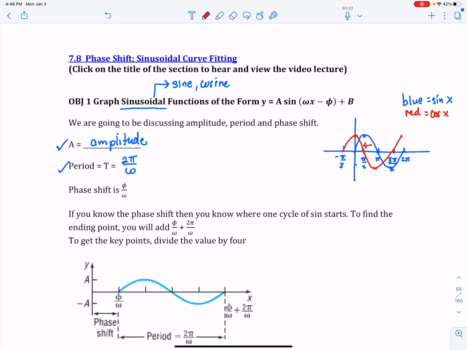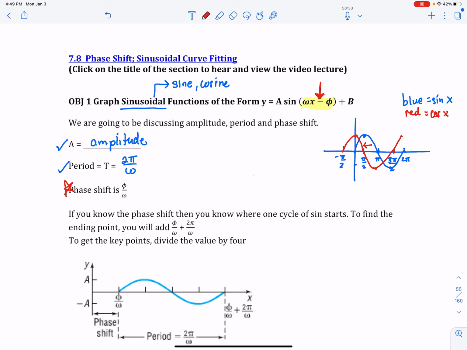The phase shift, this is something new that we haven't seen yet. We can find that by taking phi divided by omega. So if you look at the formula up here that I'm just highlighting, it says omega x minus phi. So that phi will shift the graph either to the left or to the right. And I want you to notice that there's a negative sign right here, not positive. So that's the generic or standard form.